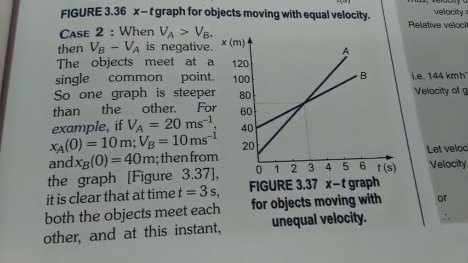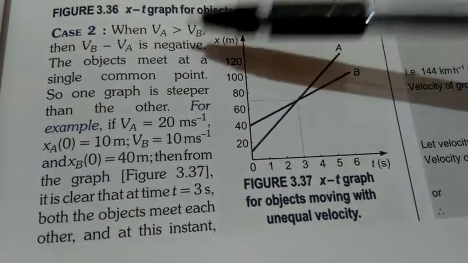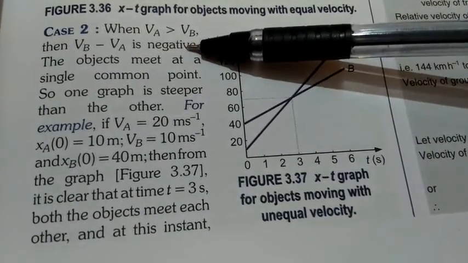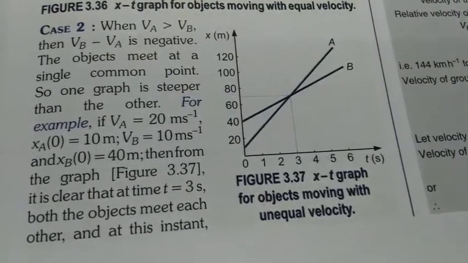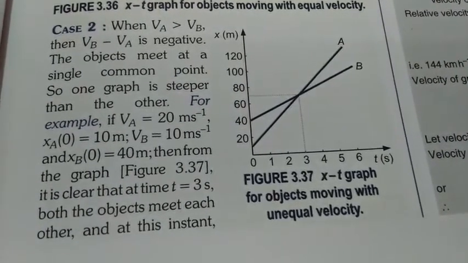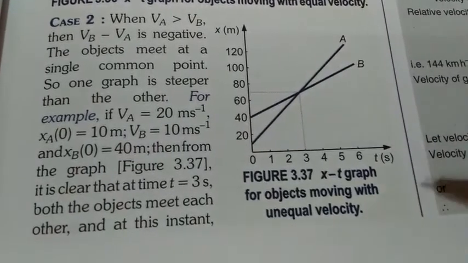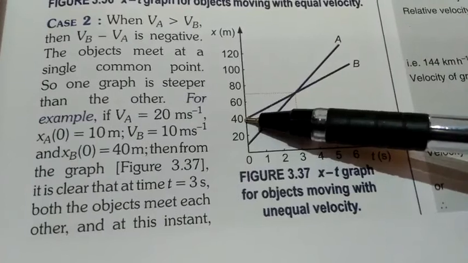But in the second case, suppose VA is greater than VB, so VA minus VB will be positive, but VB minus VA will be negative. So the relative velocity of A will be positive, but the relative velocity of B will be negative. Suppose A starts moving from here and B starts moving from here.